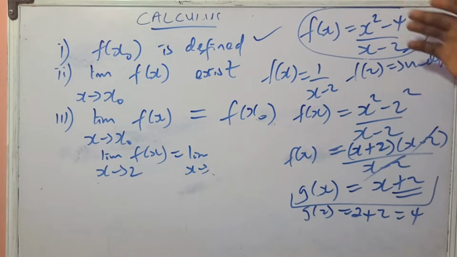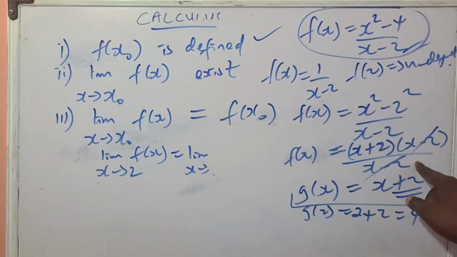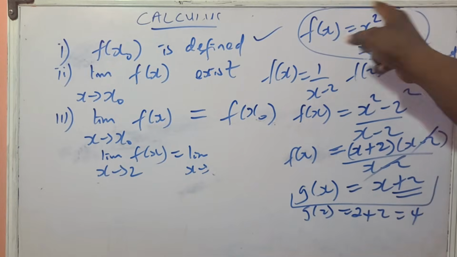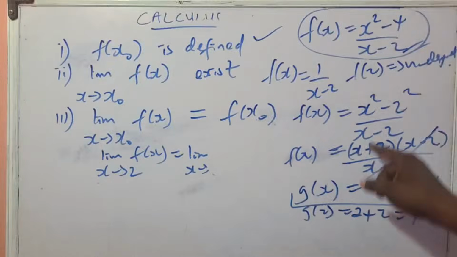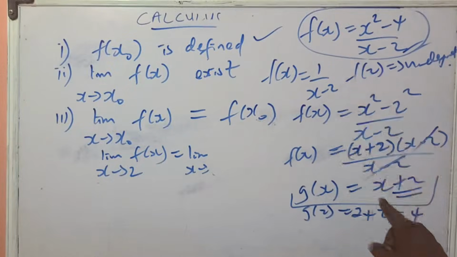So we went on to try to simplify our function, and we discovered that we could remove it, and we extended our function. That means we produced a new function, g of x, which is an extension of the former function, which was x plus 2. Then we went on to cross-check again. Do we still have the point of discontinuity? And we discovered it doesn't exist again. That means we have successfully been able to remove the point of discontinuity.